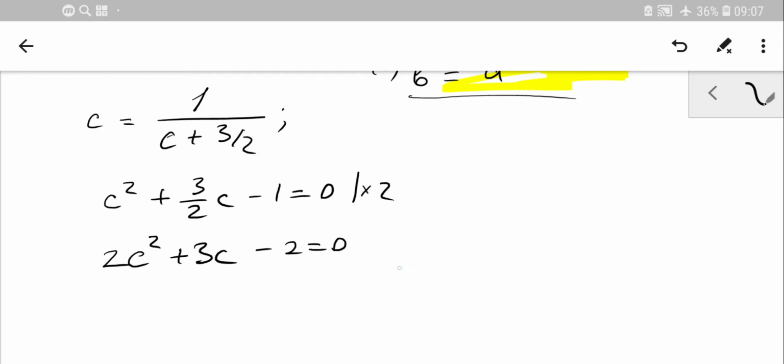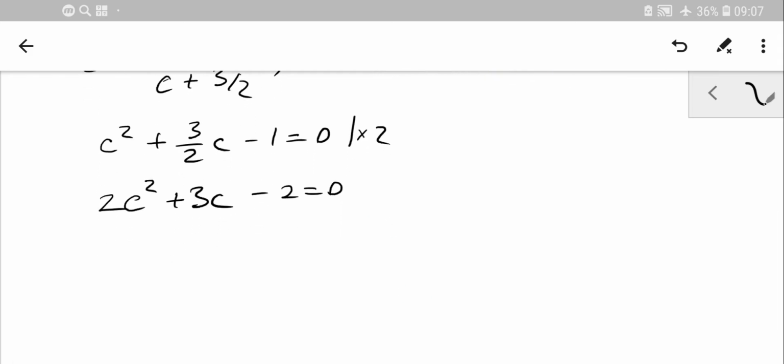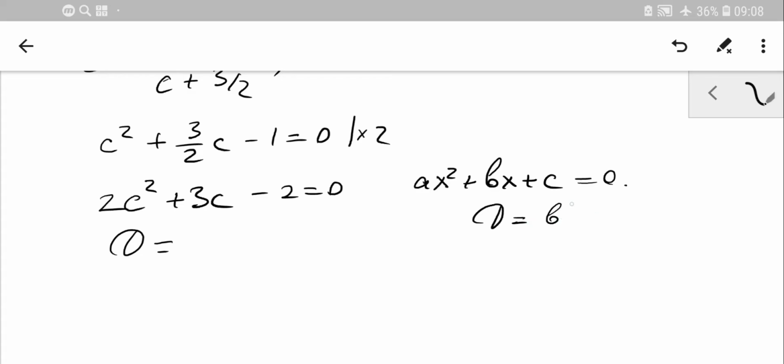Obviously, for this quadratic equation, let's estimate how many solutions it has. Use the discriminant: for x squared plus bx plus c equals 0, in order to estimate how many solutions, we can compute the discriminant as b squared minus 4ac, and find the solution as minus b plus or minus the square root of the discriminant over 2a.